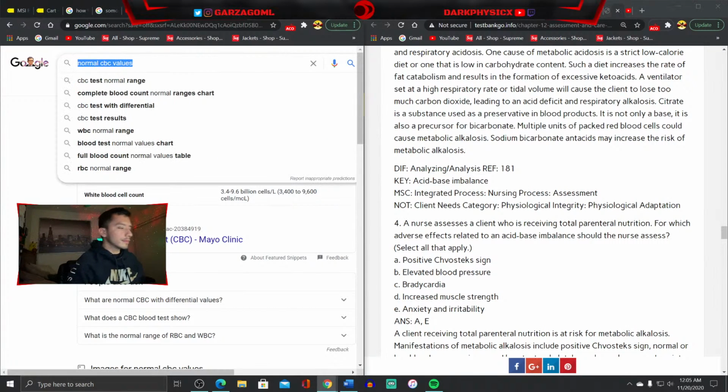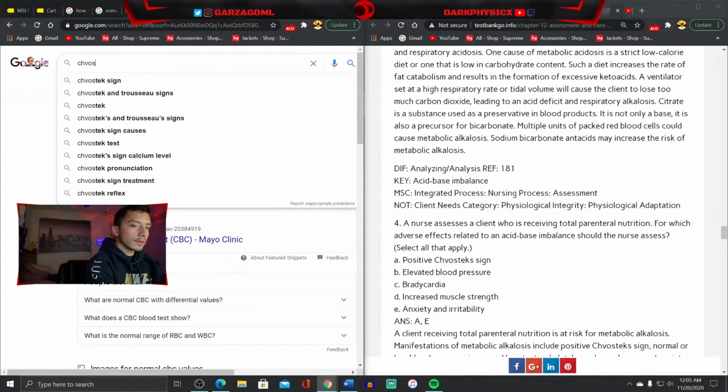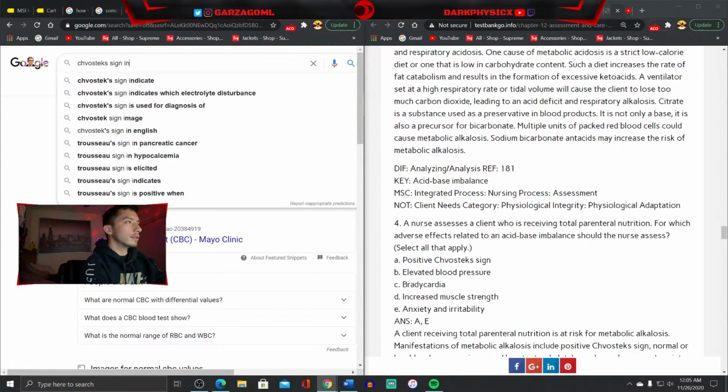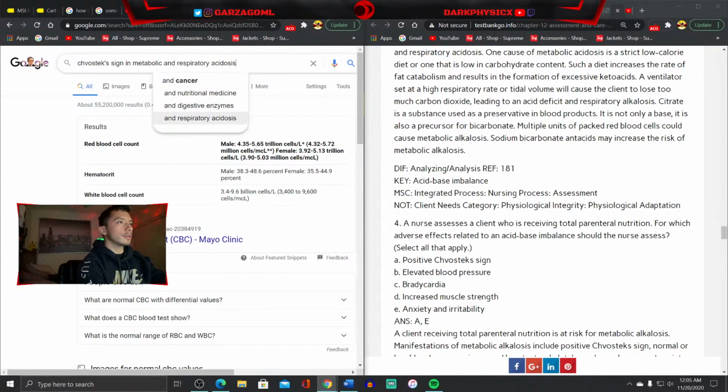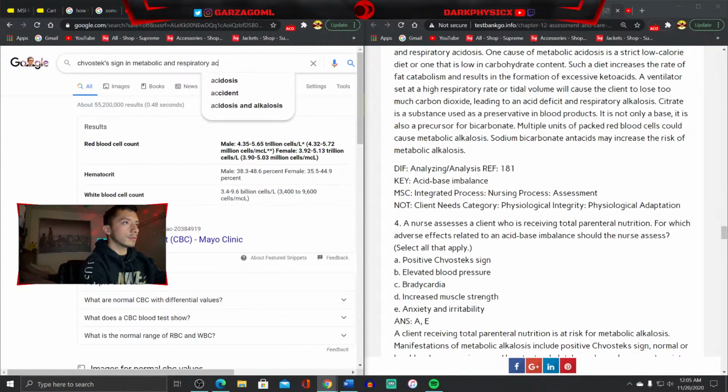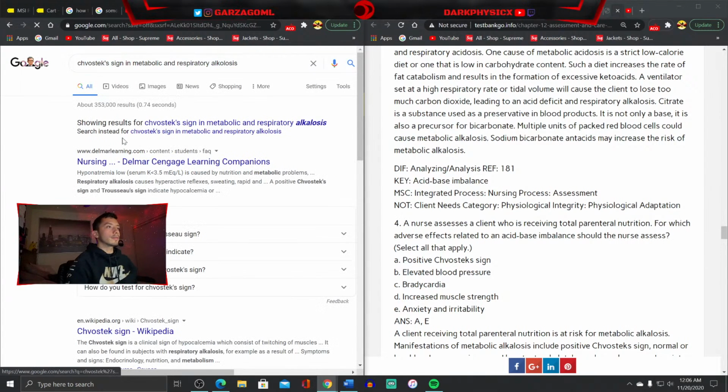Hold up. I need to research that really quick. Chvostek's sign and metabolic and respiratory. It's not acidosis. It's alkalosis. Oh. I butchered that.